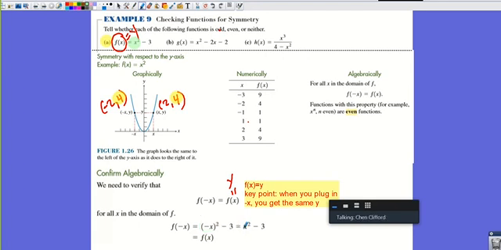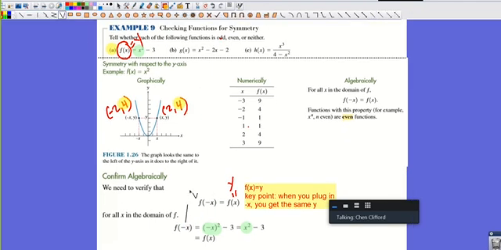So this becomes that. Remember, we're plugging in negative x into this equation here, and that's how I got this here.